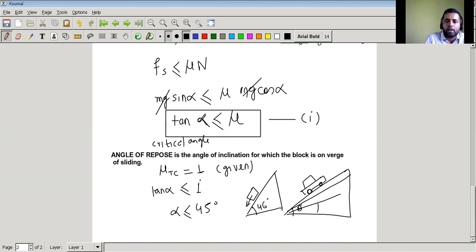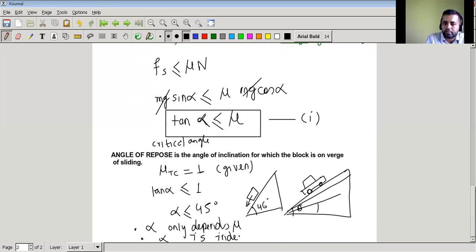Now, you also see that the angle of repose only depends on mu. So, angle of repose alpha only depends on mu. So, the more the mu is, the more will be the angle of repose.